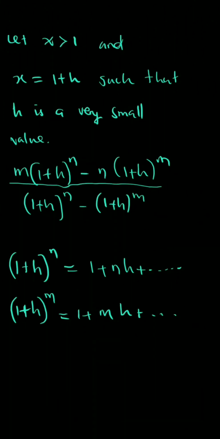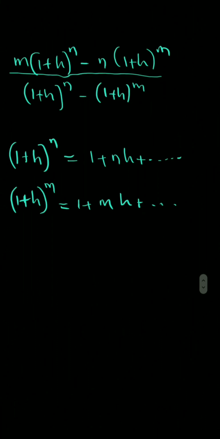Alright, so we continue. Now, wherever there is (1 + h)^n, we'll substitute with what we've obtained on the right hand side. Same applies when the power is m. Now let's substitute. So this therefore gives us m open brackets 1 plus nh, then minus n open brackets 1 plus mh.